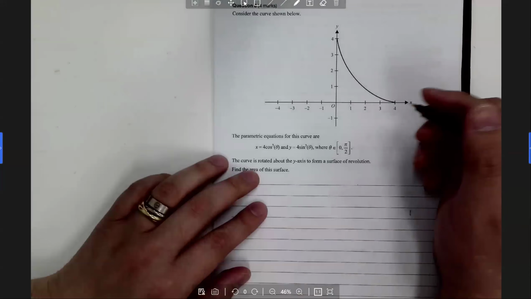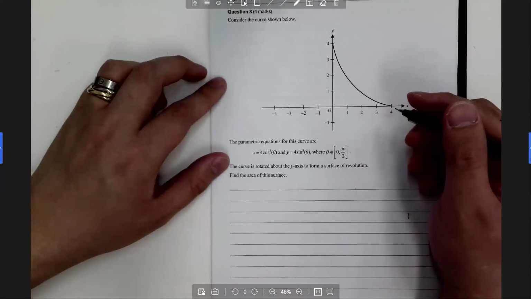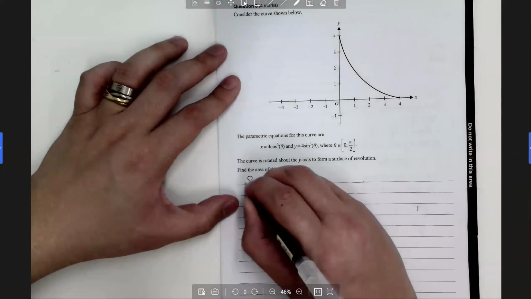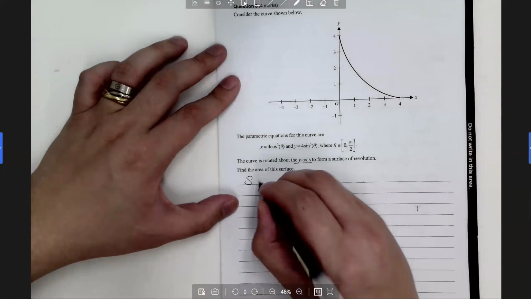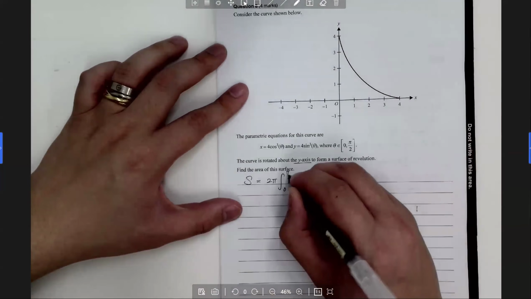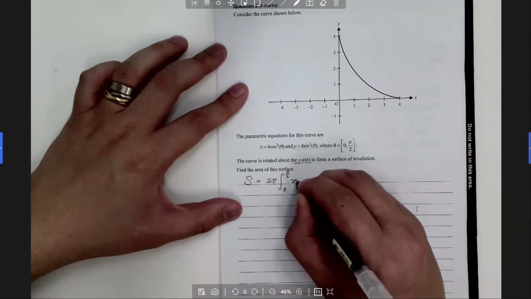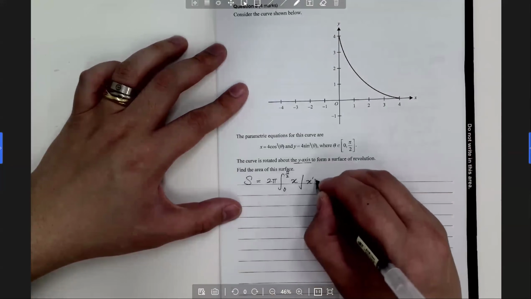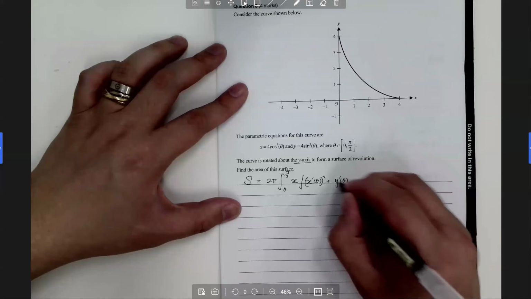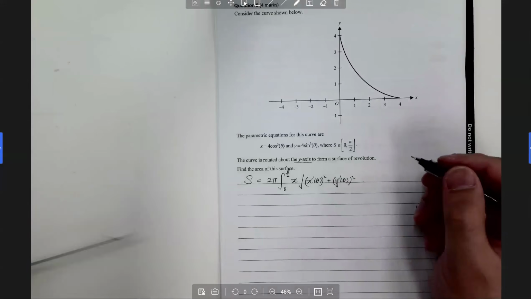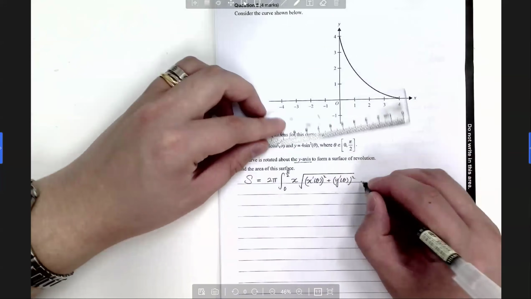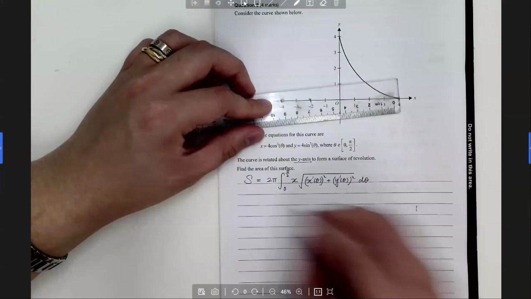Surface area of revolution. Okay, so now I just use the formula about which axis? S equals 2 pi from 0 to half pi. We should have an x here, and then x dash theta squared plus y dash theta squared, and d theta.